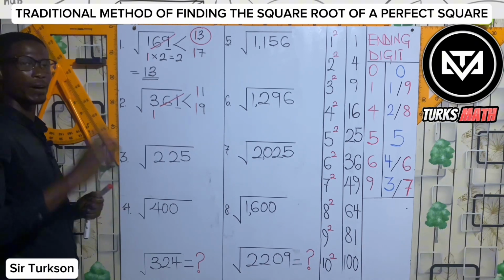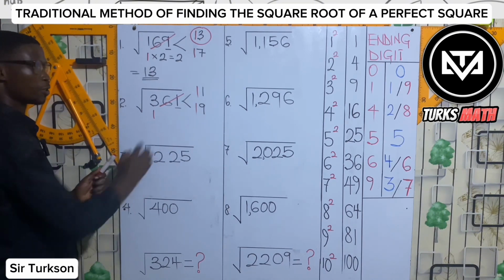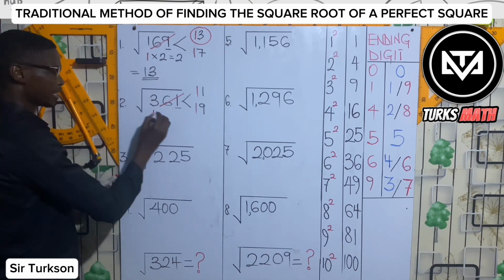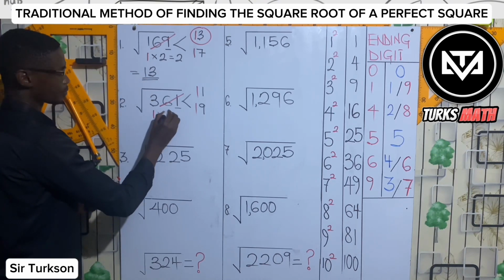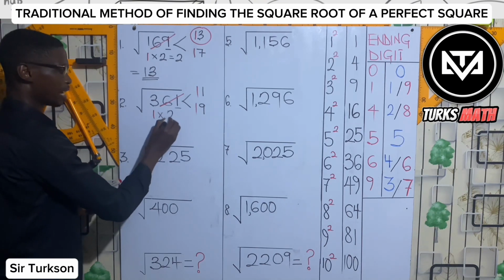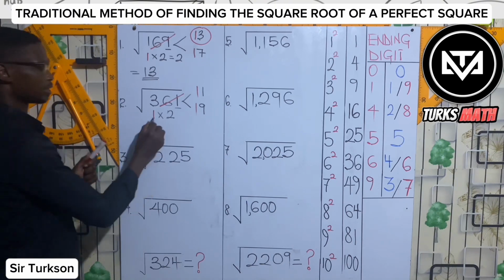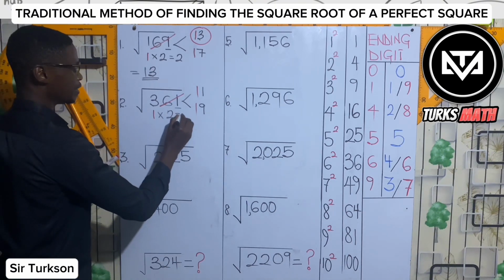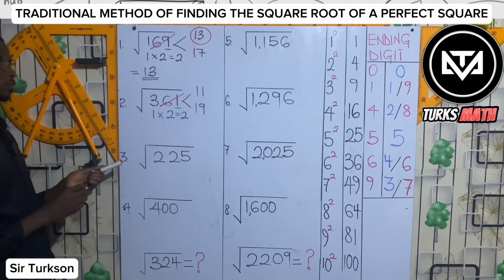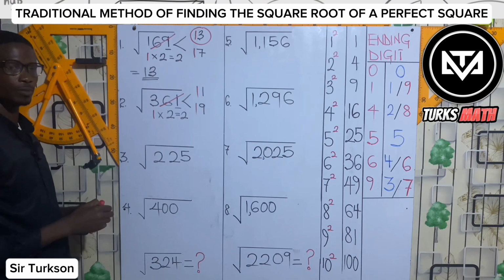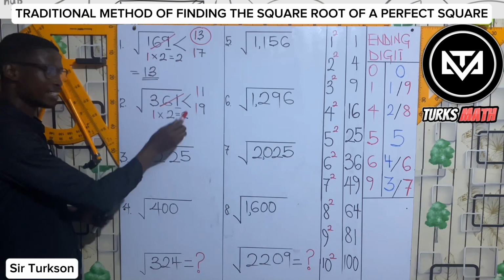Now we want to get our right answer. To get your right result here, you increase this number by 1 and multiply. So 1, when I increase by 1, I'll have 2. Now when I multiply, 1 times 2 will give us 2. Now looking at the values that you have here, 3 and 2, 3 is greater than 2.